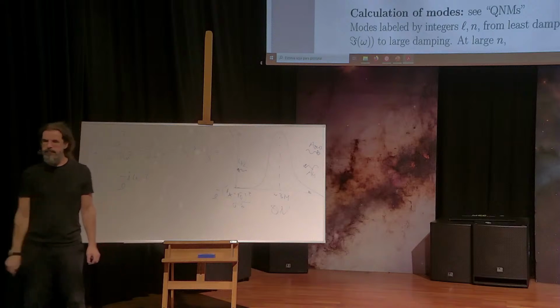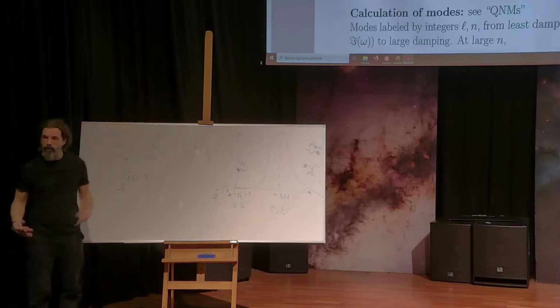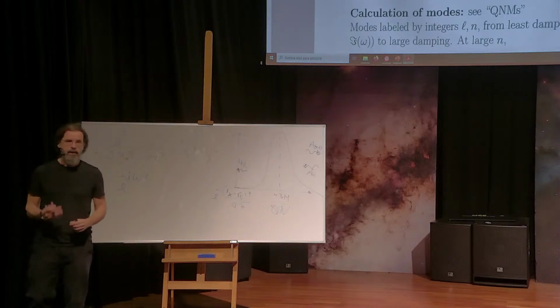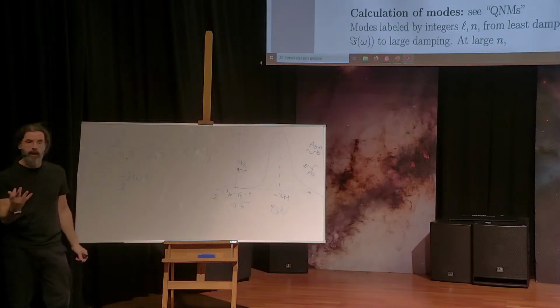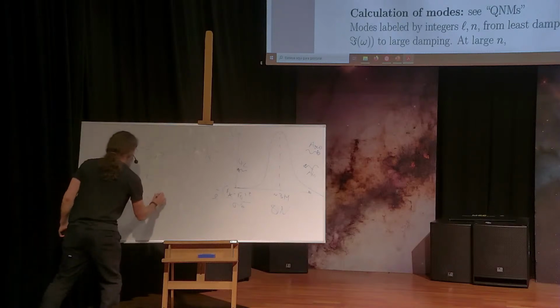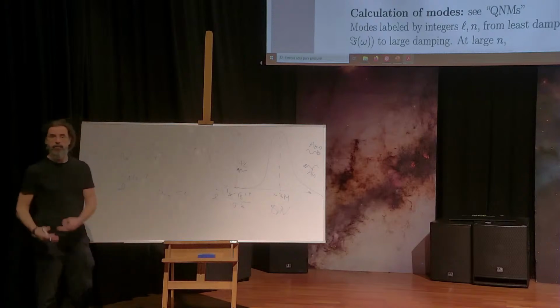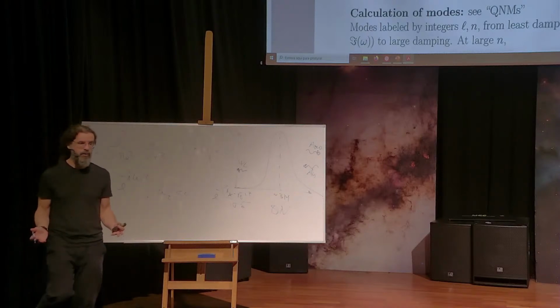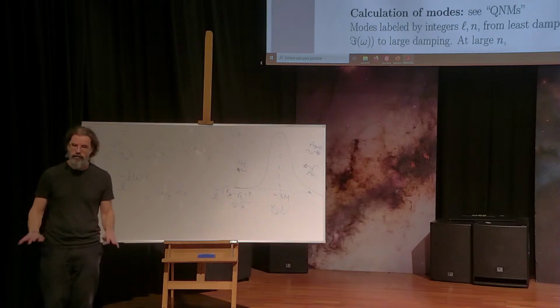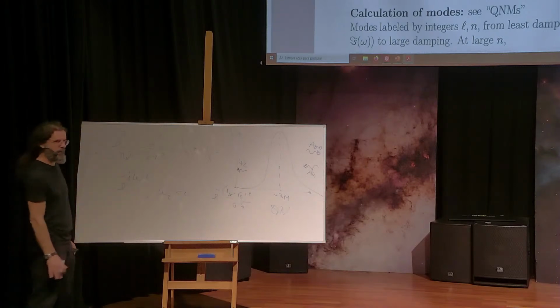So the time dependence will be dictated by the imaginary part. Fortunately for us, the imaginary component is always negative, which means fluctuations decay. And because they decay, it means black holes are stable. You kick them, and whatever you use to kick them eventually is going to die off. At least for non-spinning black holes.